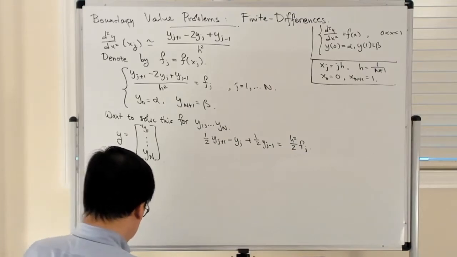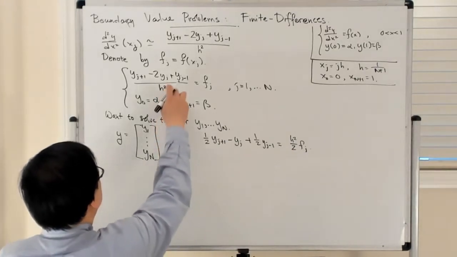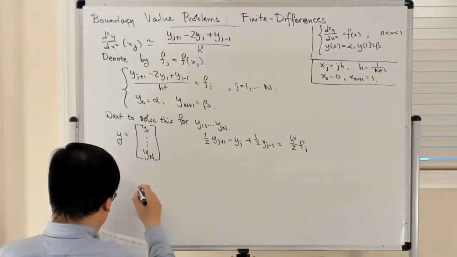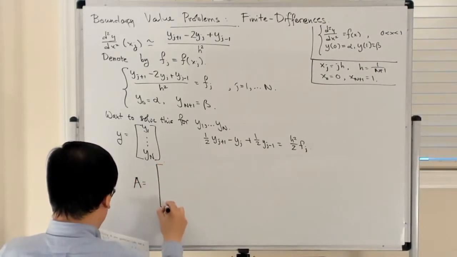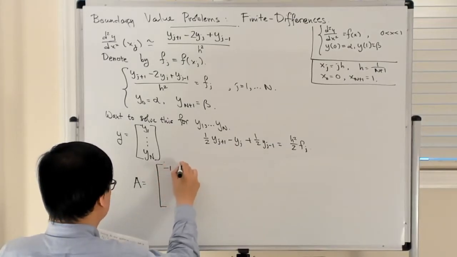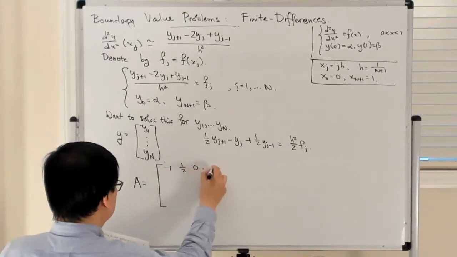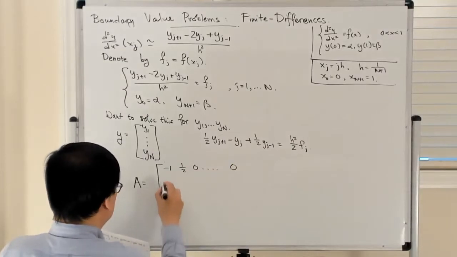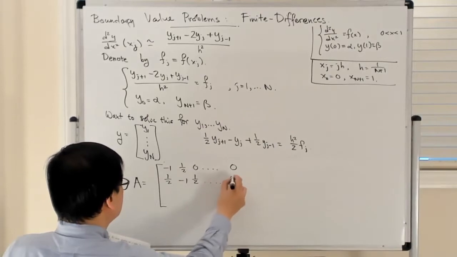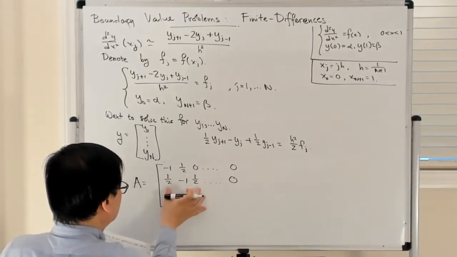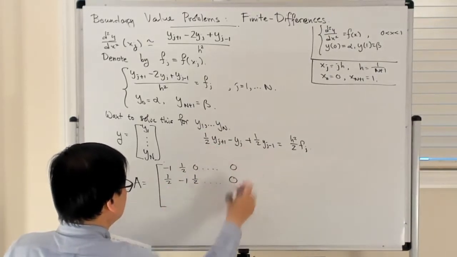So I can write this thing down in the following way. I can have a matrix A, which looks like -1, 1/2, 0, 0; 1/2, -1, 1/2, 0. Again, these coefficients correspond to these entries.